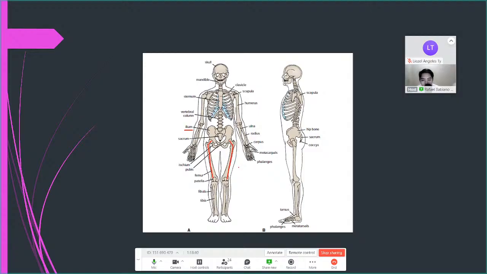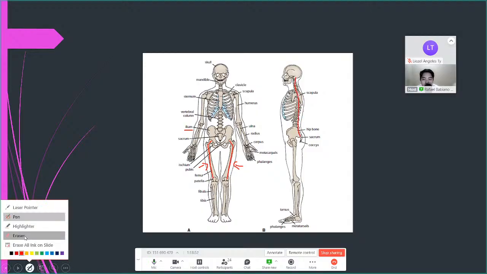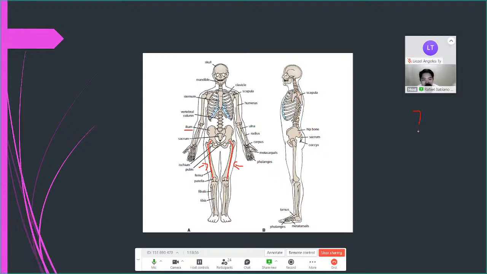Now, you will question, sir, the vertebra, isn't that the longest? It's long. Well, the vertebra is not one bone. Right? It's different bones. 7, 12, 5, 1, 1. They're separate. These are small bones. If you can see here, that's one bone.